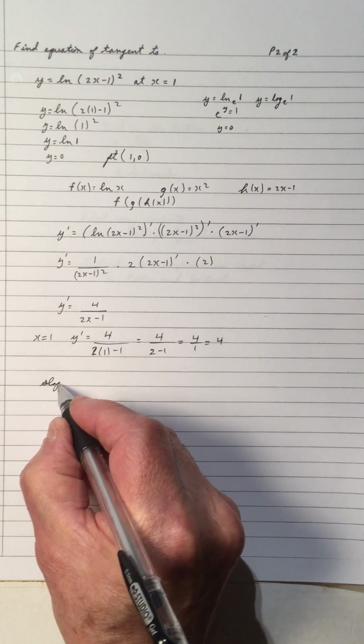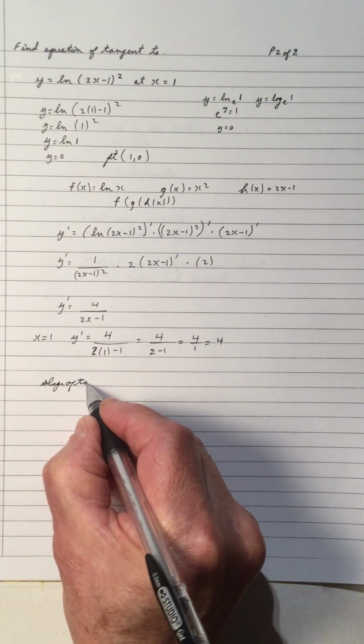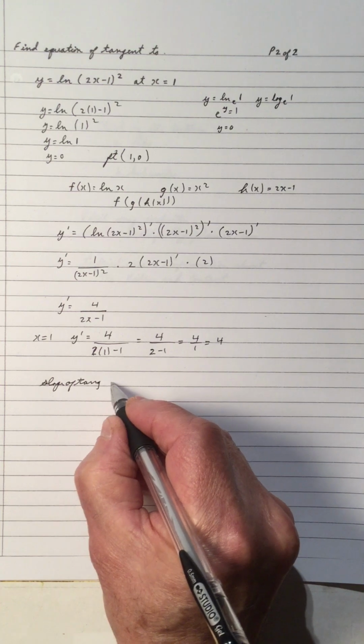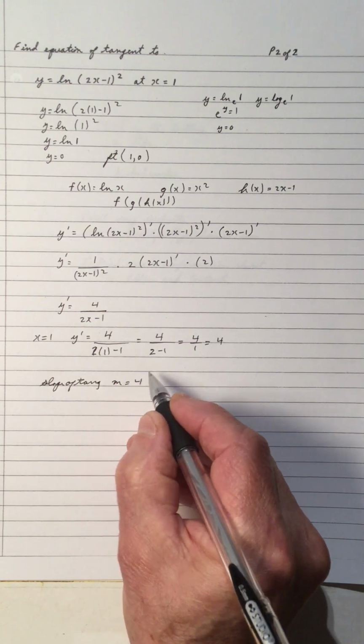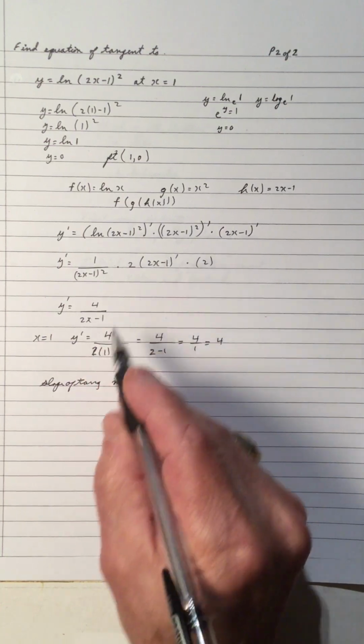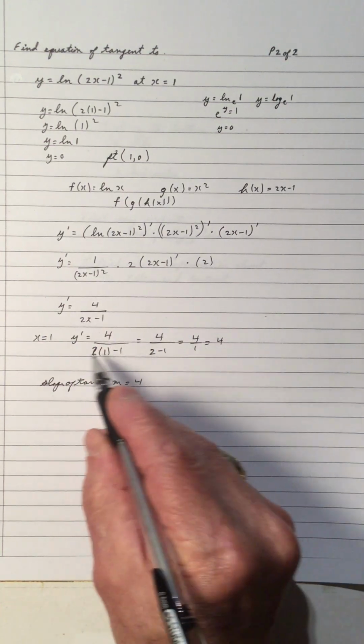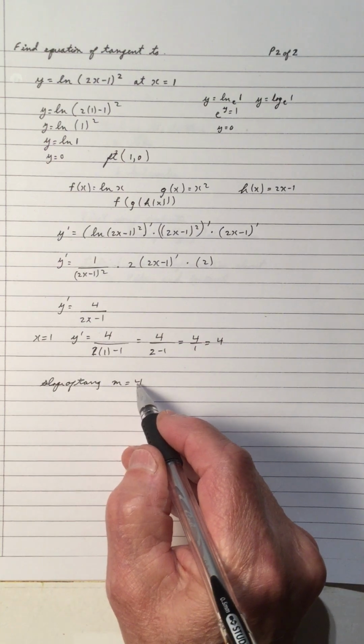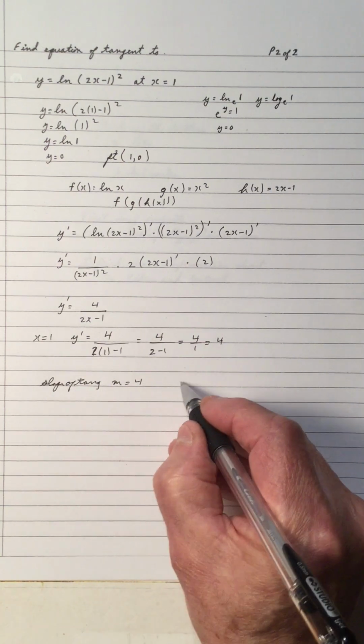So the slope of the tangent is 4. Remember, the derivative is the slope of the tangent at any point, but when x is 1, the slope of the tangent is 4.